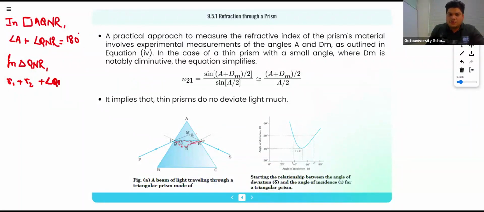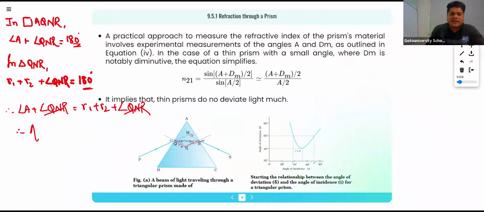See, 180 degree is common. So therefore you can write angle A plus angle QNR will be equal to R1 plus R2 plus angle QNR. QNR and QNR will get cancelled and you will get angle A is equal to angle R1 plus angle R2.